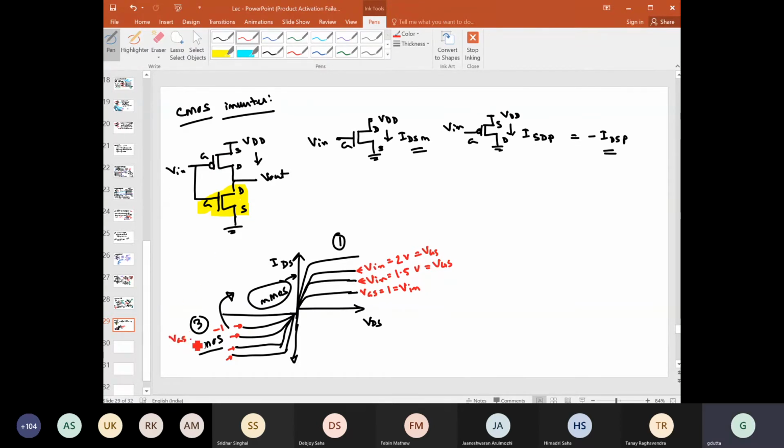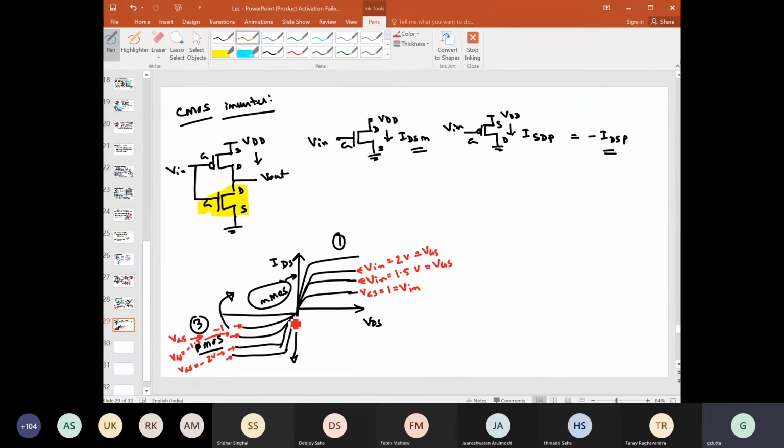Please understand this. If you do not understand, we will discuss it again. Is this VGS equal to minus 1? Yes. So the next one would be VGS equal to minus 1.5 volt. It is now difficult to draw here. Now this is VGS equal to minus 2 volt. This is for this PMOS, right?